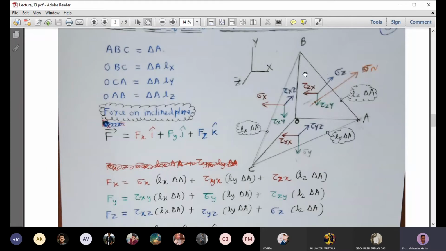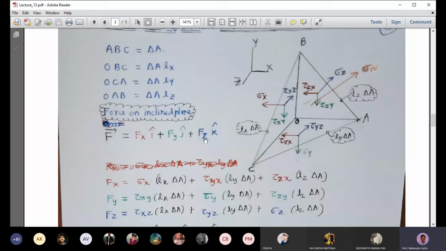So there are stresses acting on the remaining planes. These stresses will produce some forces, and these forces are balanced by a force acting on the inclined plane. So let's call that force acting on the inclined plane as F. On this inclined plane ABC, we have that force F, and it has 3 components: Fx i cap plus Fy j cap plus Fz k cap.